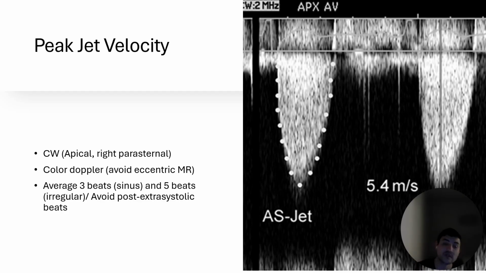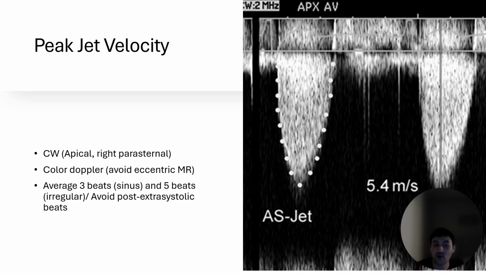How you do it is with echocardiography, using a continuous wave Doppler. You measure the highest velocity through that line. If you are familiar with echocardiography, you can use apical views or the right parasternal view, which is the most common.